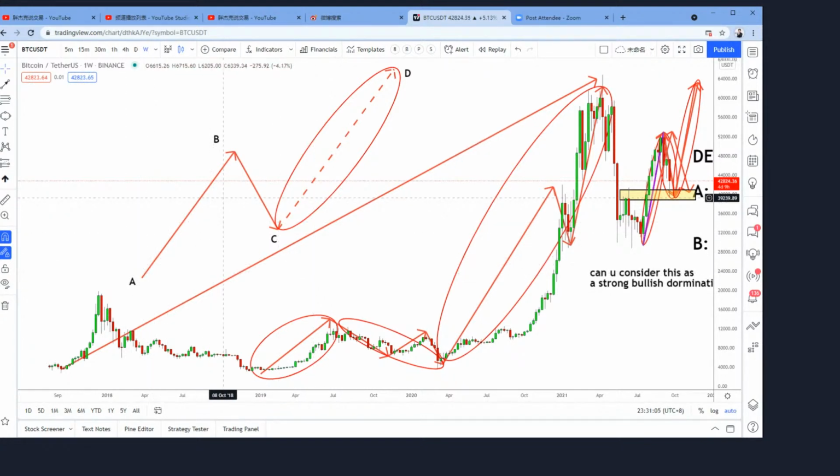Like we have a very strong bullish dominating wave. Okay, now the correction happens. The correction finishes at the previous middle place or 618 or whatever support, and the price starts to reverse. Do you believe something like this will happen? Yes, you got to believe this. Otherwise, you will never make big money.